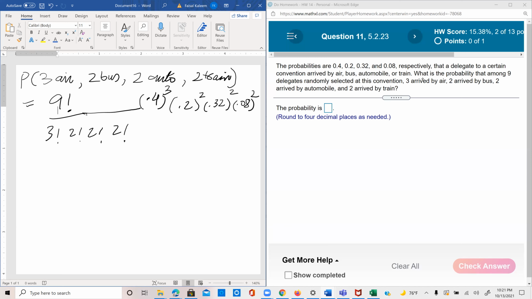So let's figure this out. 9 factorial on the top, divided by 3 factorial is 6, and 2 is 8, so divide by 48. And then times 0.4 cubed times 0.2 squared times 0.32 squared times 0.08 squared. So 0.0127.